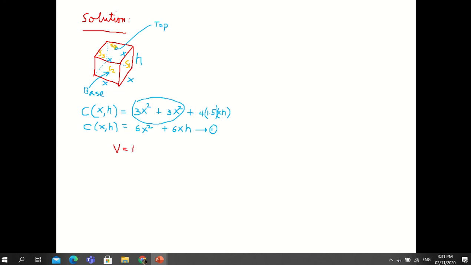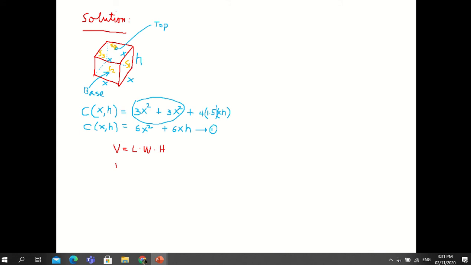That is the general formula for the volume of a box.